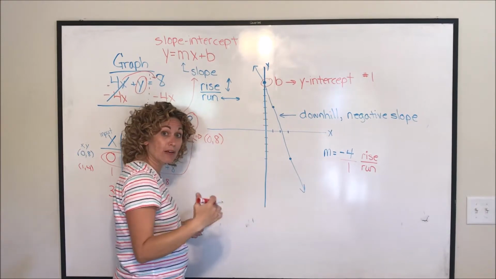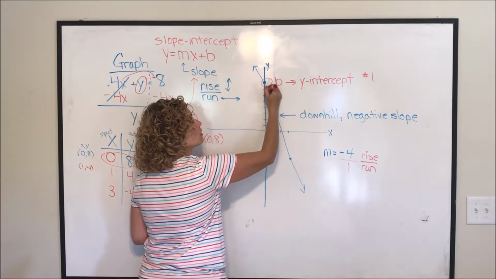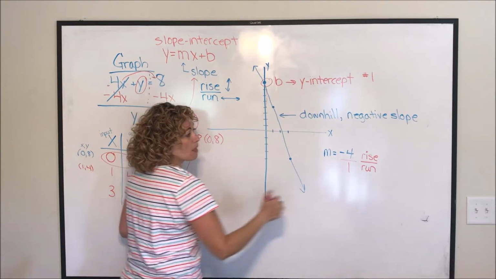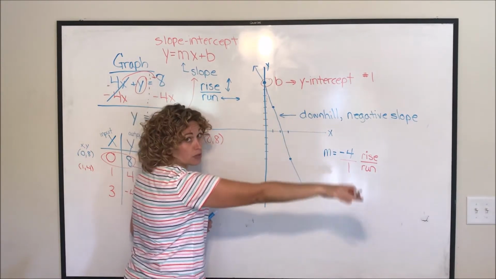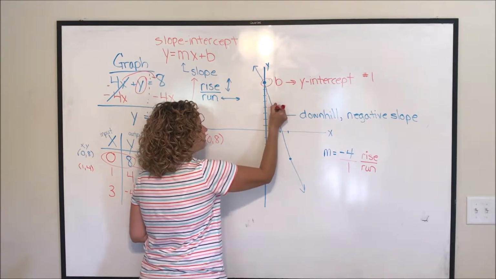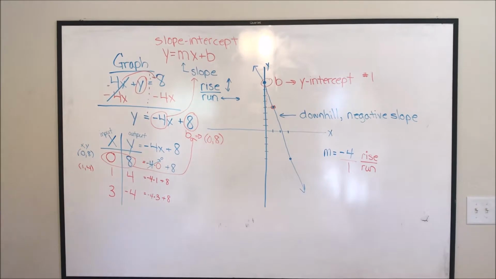Well, if we're rising -4, that actually means we're going down 4. So down, 1, 2, 3, 4, okay? And we're going to run 1 in the positive direction. If we're positive, we're going to go this way, 1. And you can see it actually landed right there, which was a point we've gotten using our table.